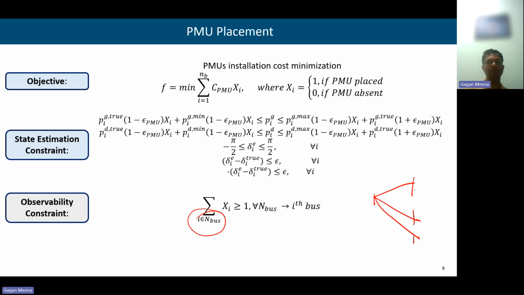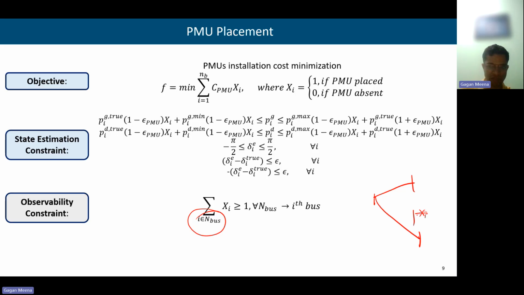If you want to have redundancy, let's say this line goes away, and still you want this to be observable, then at least we need to have two PMUs. If we had placed a PMU here only and this line is out, then because PMUs are not available on bus 2 and bus 3, this would be unobservable.